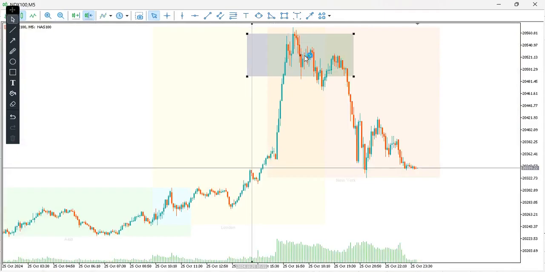When the turtle soup happened, poof, that's the turtle soup over there. Then we see a shift. It has broken, it went up, came down, broke again, and this retest, that's our entry over there.